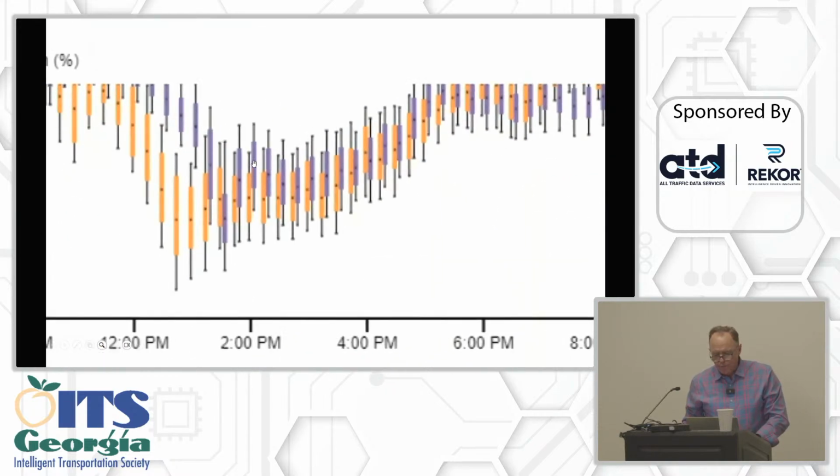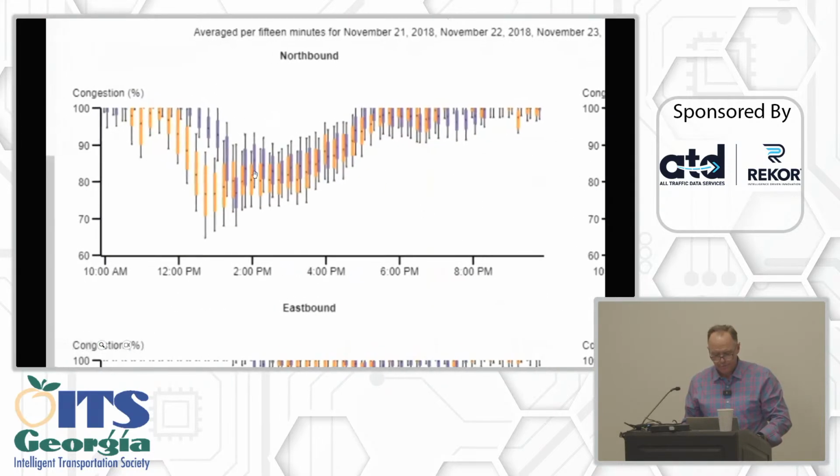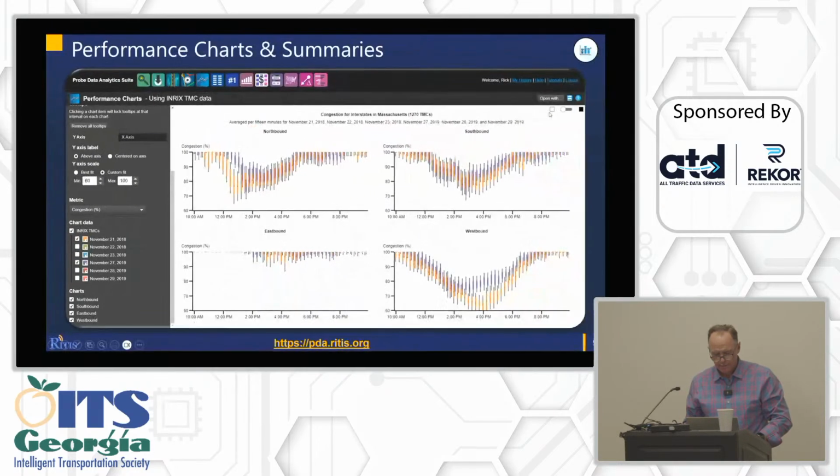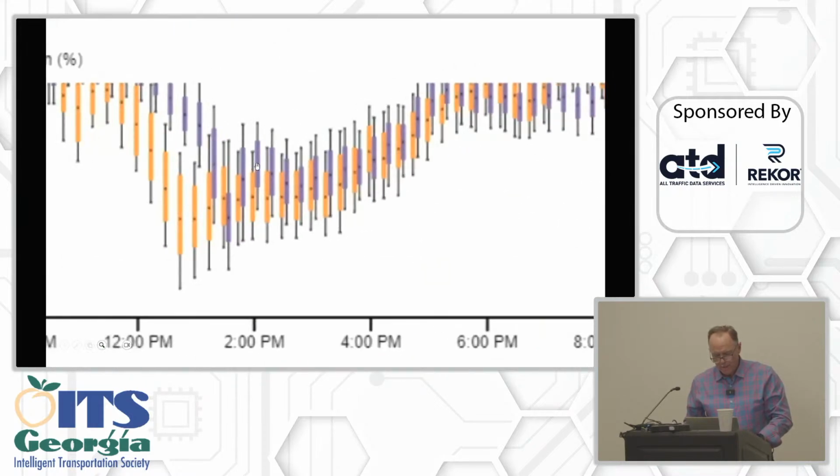The dot represents the mean average. Let me focus on the purple. This is the 25th and 75th percentile, and the whisker is the 5th and 95th.